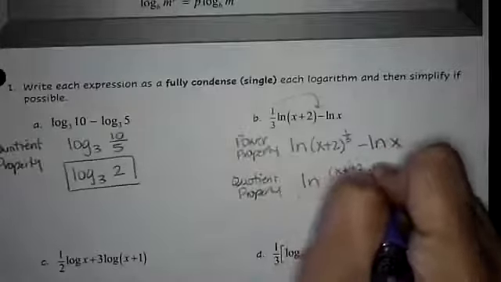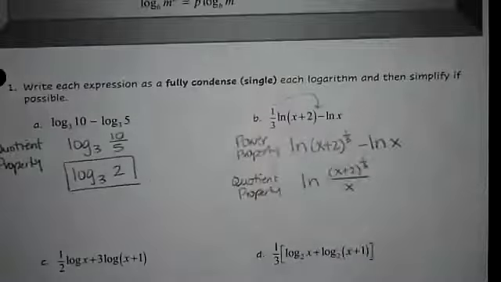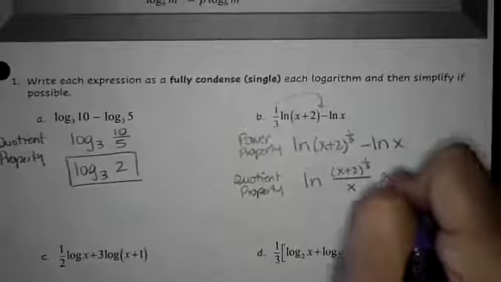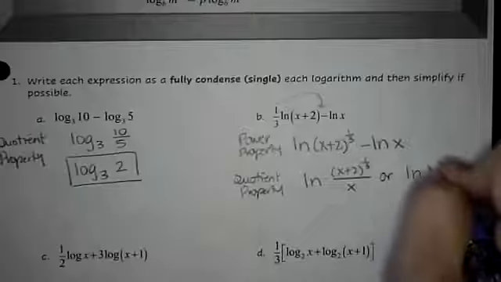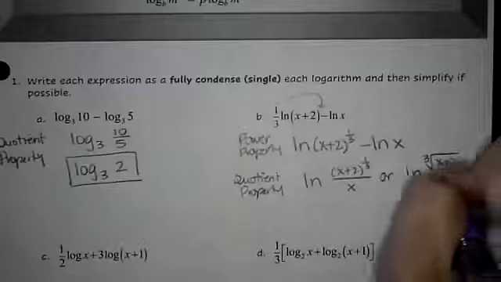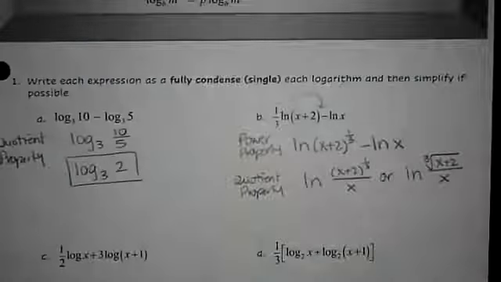So that would be x plus 2 to the 1/3 power over x. That would be our condensed form. Since we just reviewed that, I'm going to go ahead and show you this could also be the cube root of x plus 2 over x. Either one of those would work.